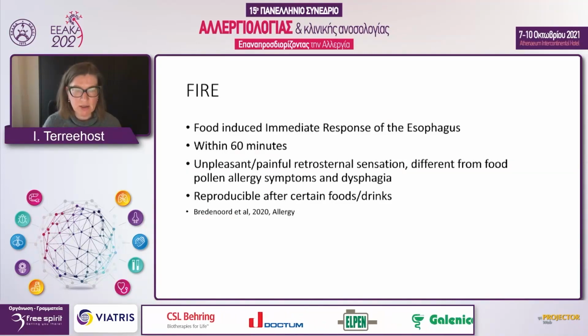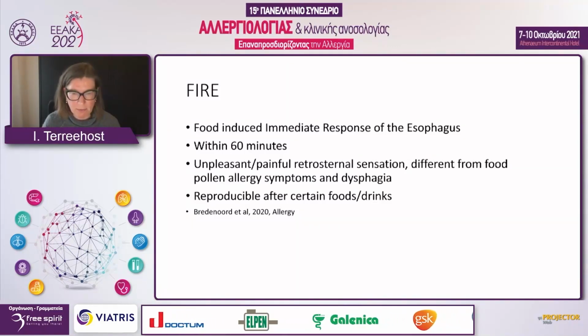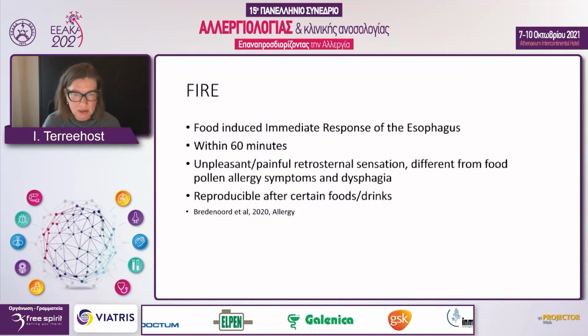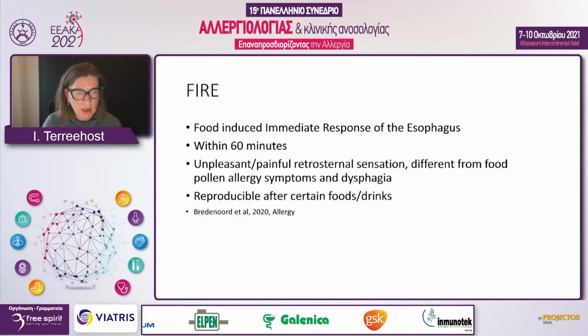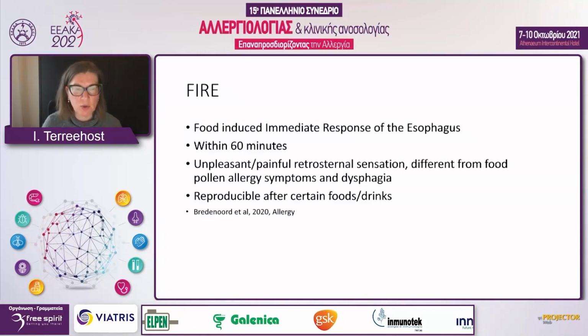They described it as, I take a bite from an apple and it's like my esophagus is cramping. I feel my esophagus reacting when I could be still chewing the apple and only have swallowed a little bit.